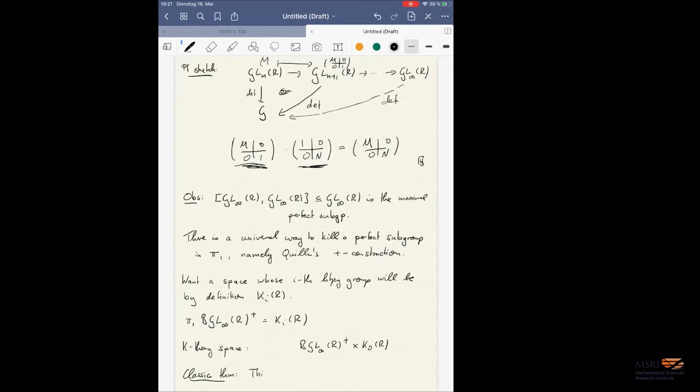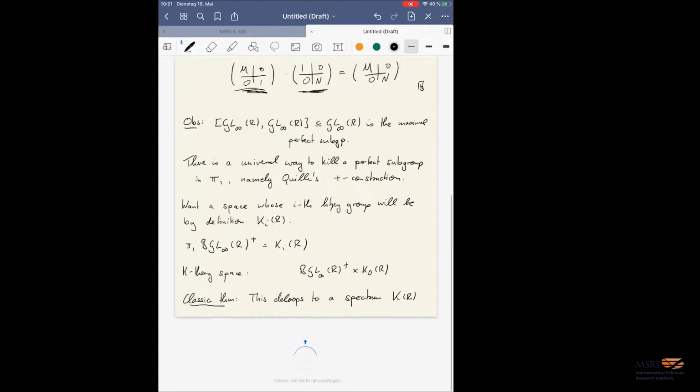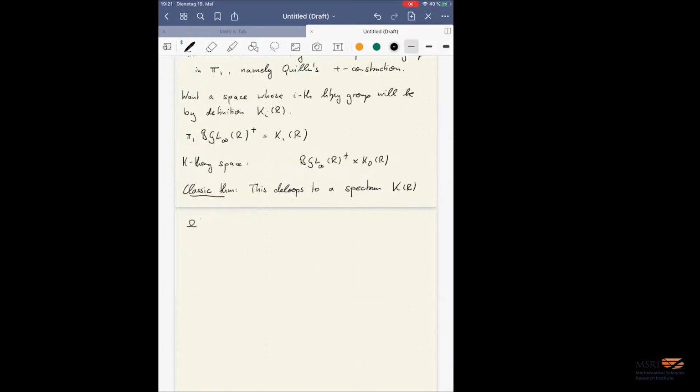So this deloops to a spectrum which I call K of R. What this means is that omega infinity K of R is this BGL infinity R plus times K0 of R. And in particular, we have Ki of R is pi i of K of R. As I said, you can take this as a definition if you want. Okay, so this is the basic idea of K-theory.